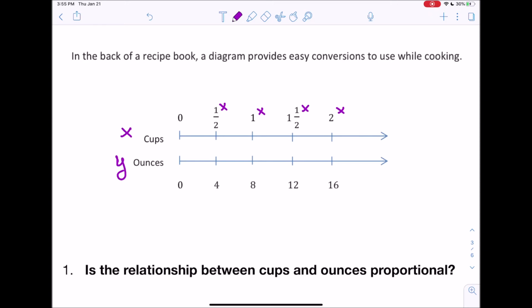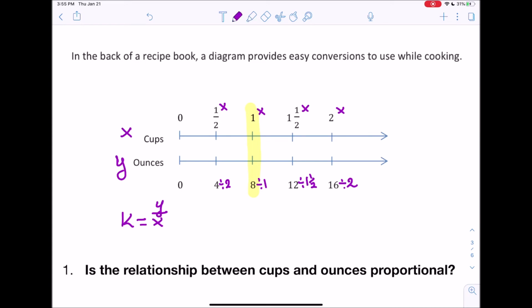Or, remember, the other way you can think about it is that the unit rate is y divided by x. So if I divide by the x for each one, I should also get the same number. Okay, so let's see if it works. Really quick, my eye is going straight to the 1 and the 8, because that's pretty easy.